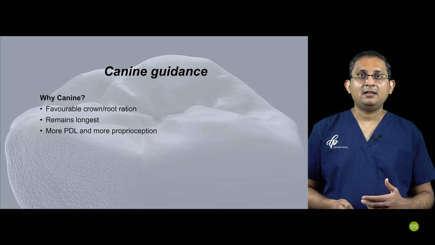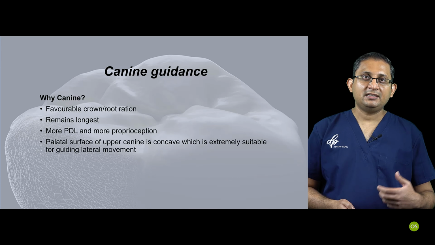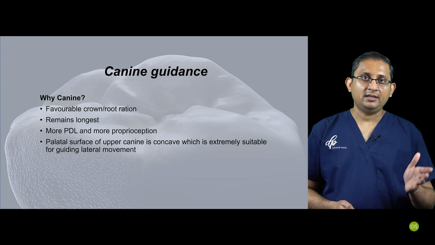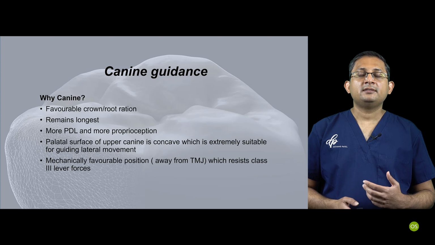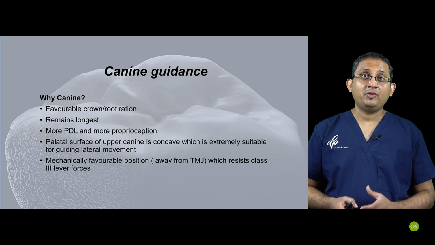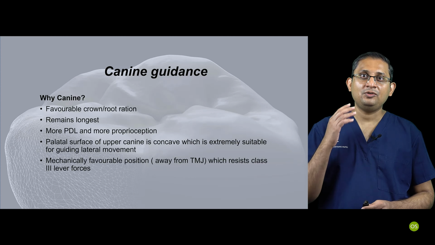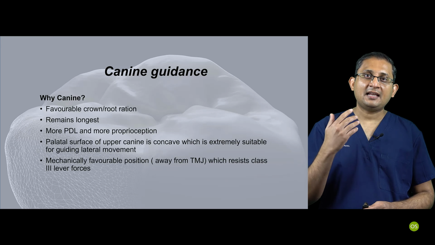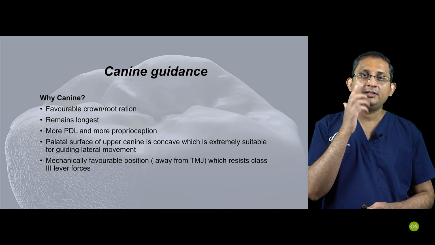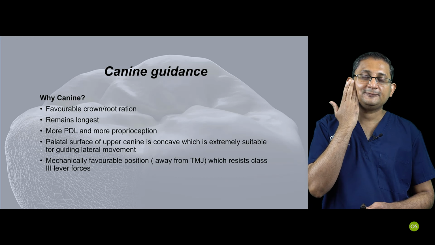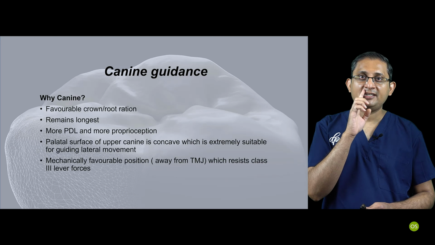You have more periodontal attachment, so it's got more proprioception. As we said, the palatal surface of the canine is much more conducive and helpful, and it's mechanically in a favorable position, which means when you're using the canine, you're creating that class 3 lever because the work is happening way forward of where the masseter muscle is. And that's why it's less detrimental.